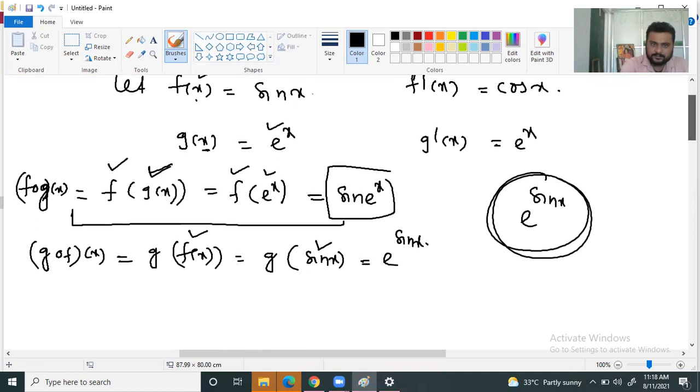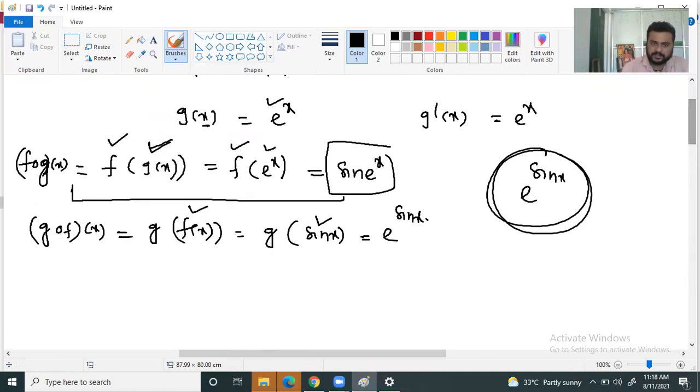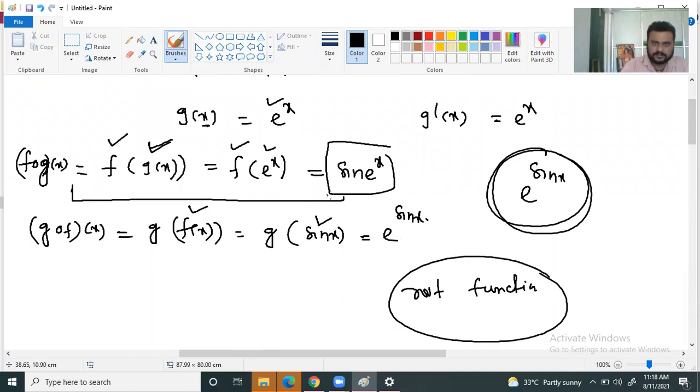Here we have to remember what the root function is. The basic function here is e to the power x, what we put in place of g of x, and here sin x.